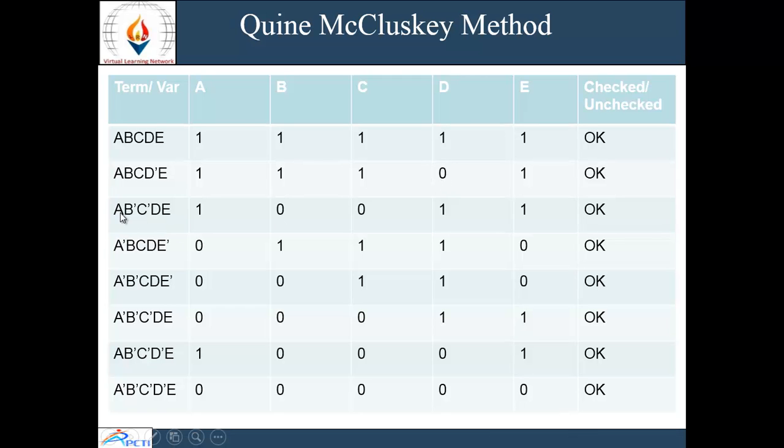Similarly in AB complement C complement DE, for B complement and C complement we write 0 here. Similarly A complement, B, C, D, E complement. For the complemented values we write 0, and for the other values we write 1.